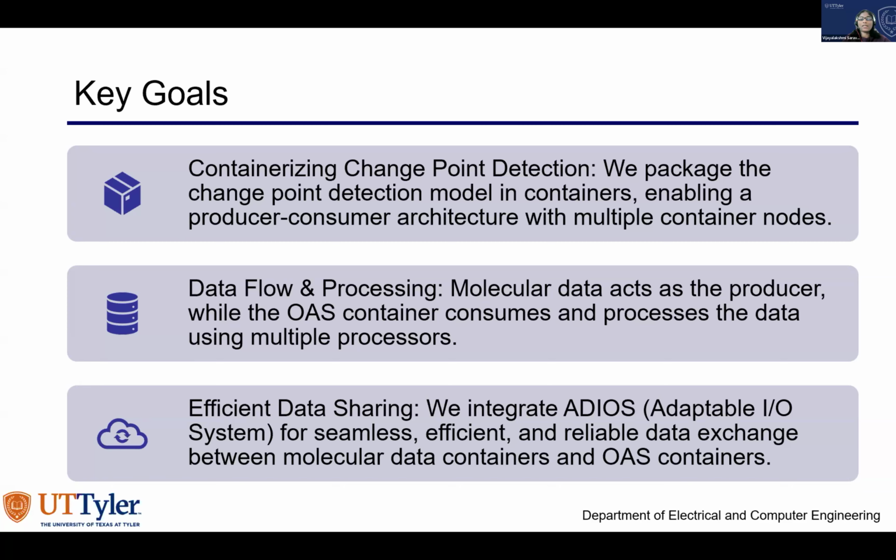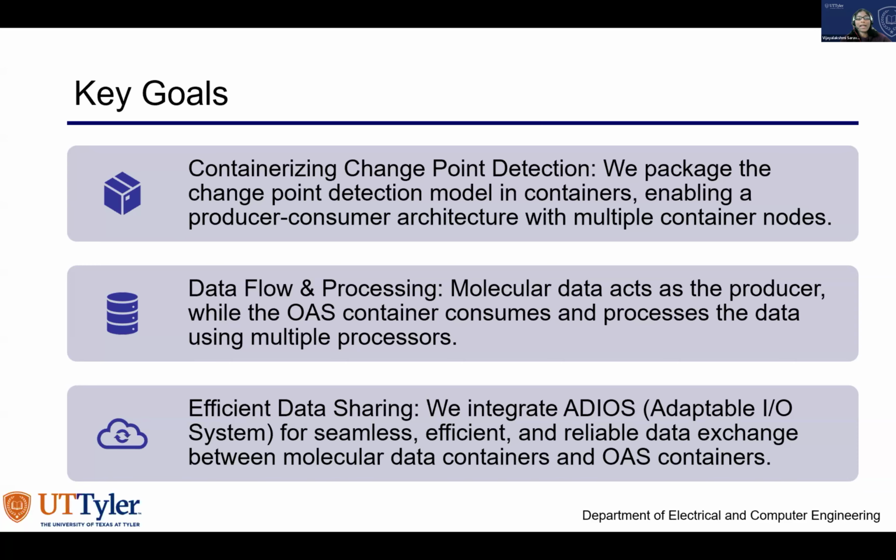The NWChem container simulates and collects the molecular dynamics data trajectories and is packed in one container. The other container, the online adaptive sampling container, consumes the data, processes it, and tells us if there are any anomalies or any change points in the real-time streaming environment.